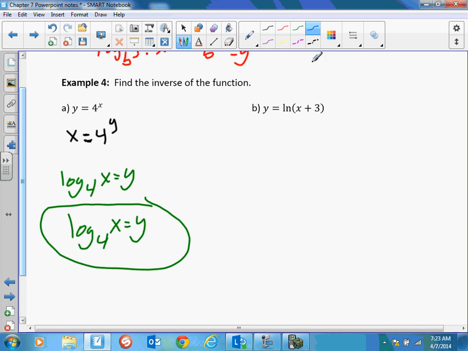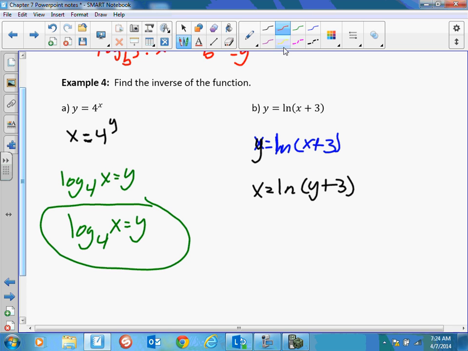The next one, what I like to do, first thing to find the inverse of a function, is switch x and y. So we're going to switch x and y and have it as x equals the natural log of y plus 3.